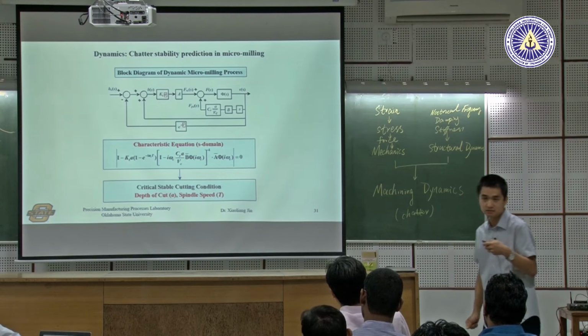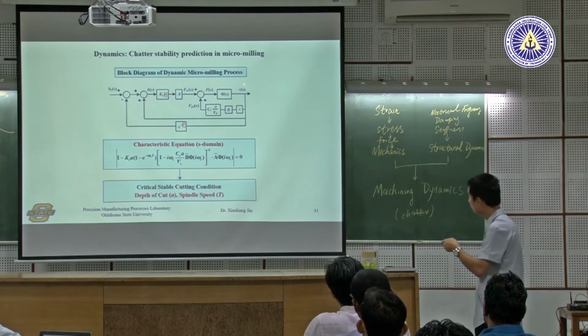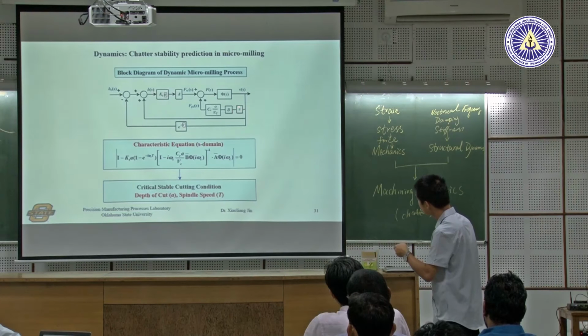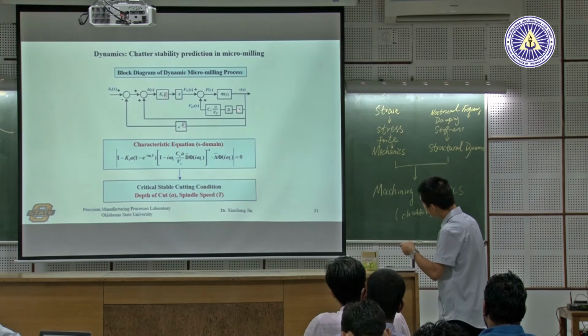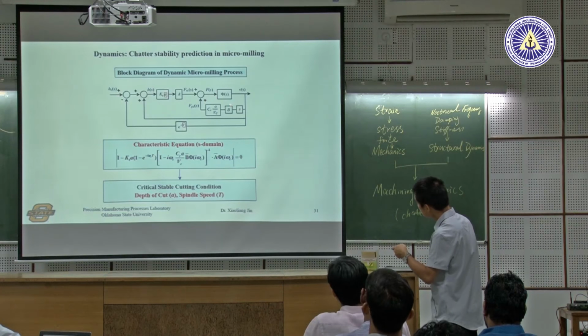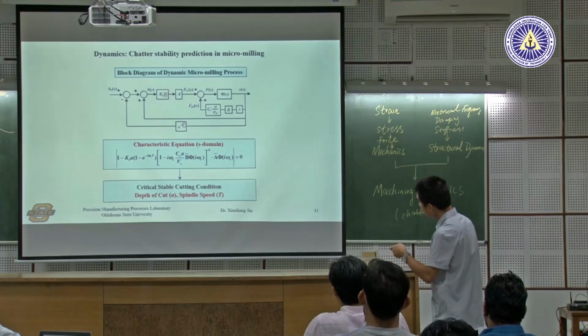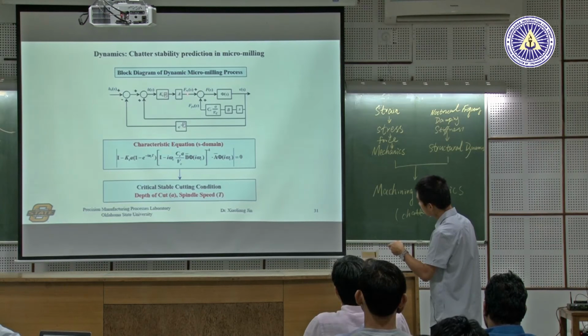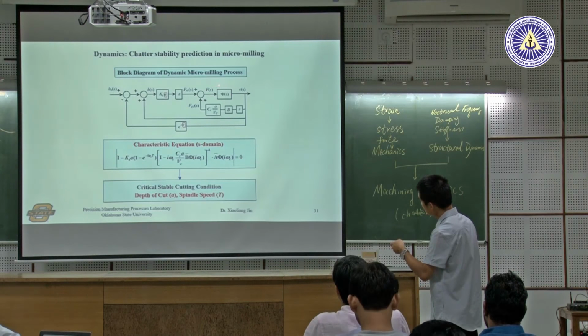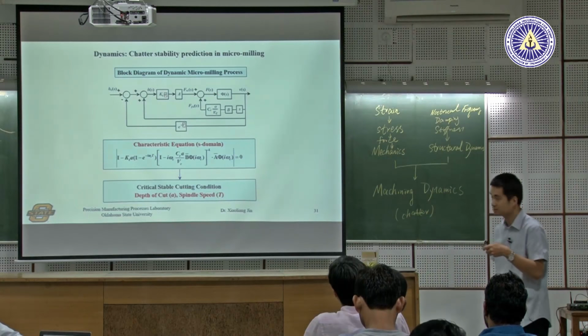S means a derivative, right? We first take one derivative of the displacement, which makes it a velocity, then multiply by those coefficients and feed back. So this is the process damping force plus the original force here. Now it comes to the overall force, which excites the structural dynamics.